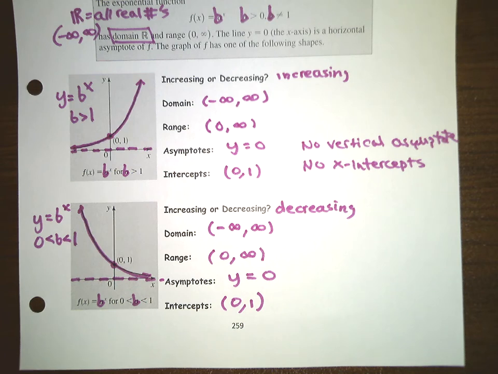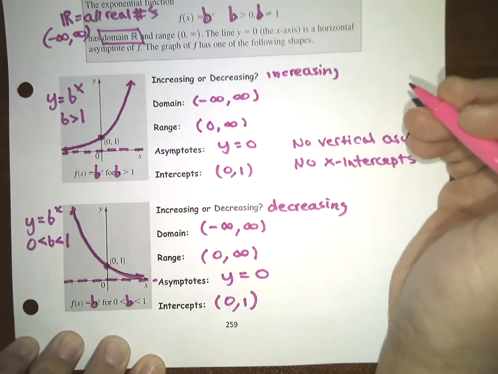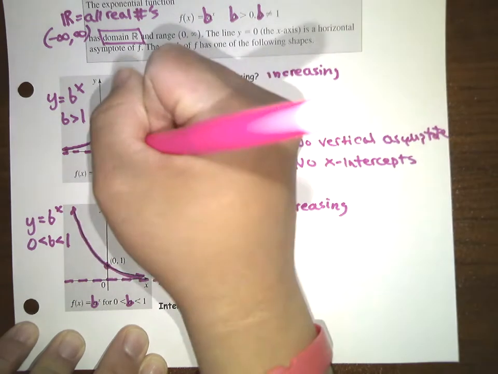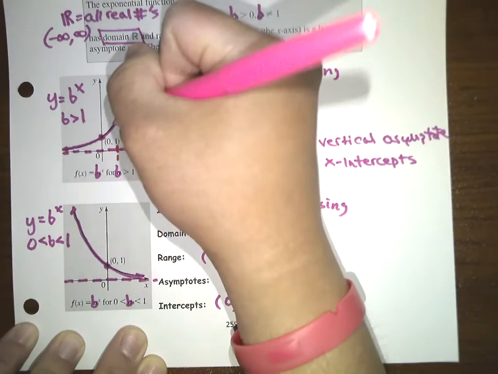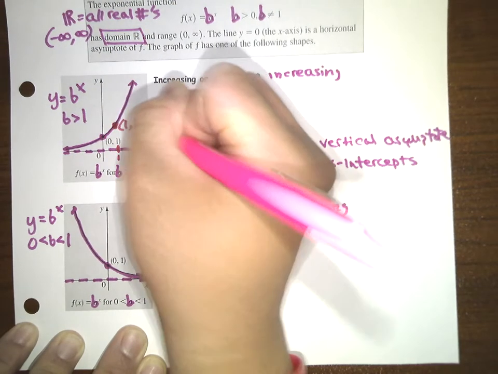So the other thing that might be of some use to you to point out on the graph is that another point that happens to be a common point that people will pick is, here, say 1, and this will actually be the point 1 comma b.